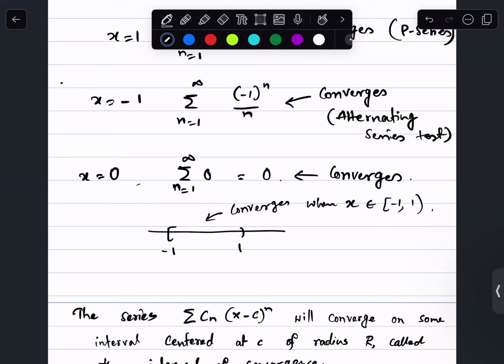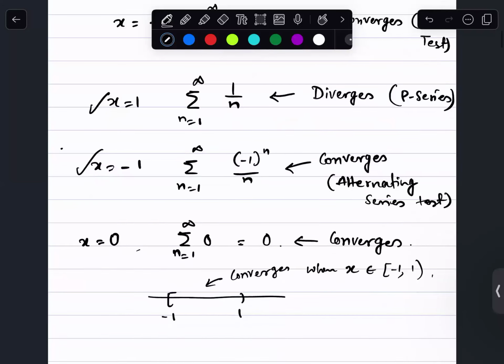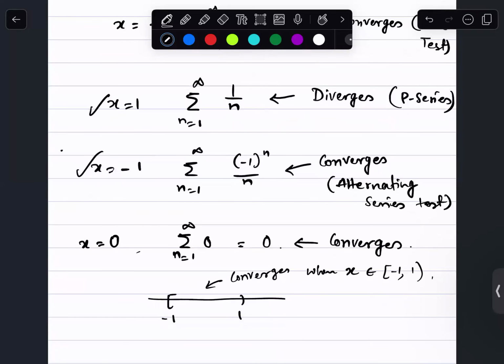Because I know that at 1, the series diverges, right? From this line. But at -1, the series converges. So -1 should be included. 1 should not be included in the interval. And in between -1 and 1, for each x, the series should converge.